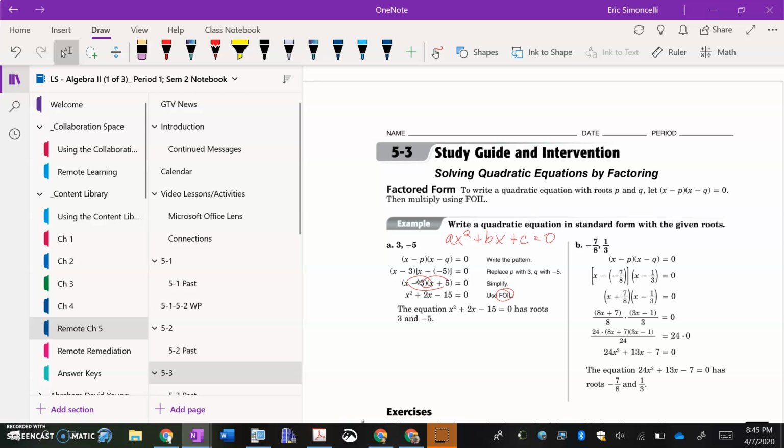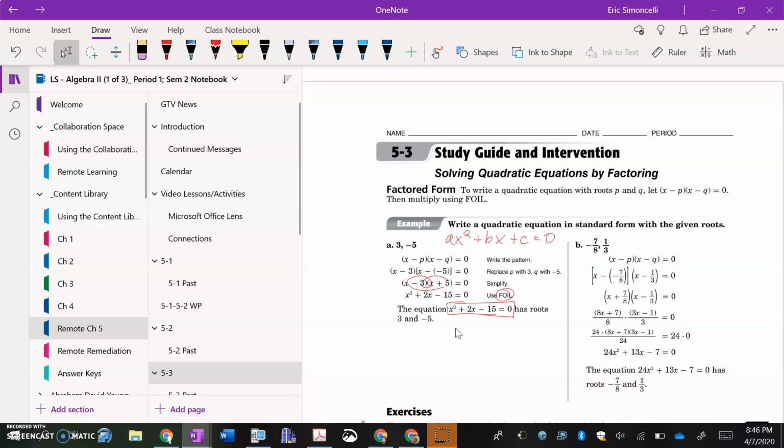And then lastly, -3 times 5, that's just -15. So that's the last. First, outside, inside, last, if you remember from Algebra 1. So x squared plus 2x minus 15 equals 0 is our official quadratic equation. And yes, those two roots, like we've already known from the beginning, were 3 and -5.